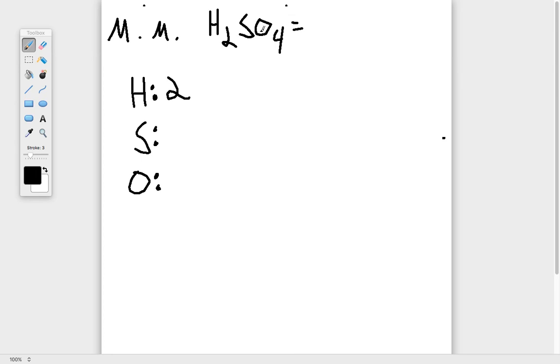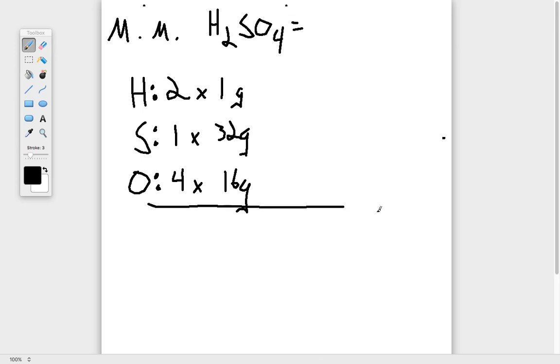I've got 2 hydrogens, 1 sulfur, and 4 oxygens. It's 2 times 1 gram, roughly, for hydrogen. It's 1 times 32 grams, roughly, for sulfur. And it's 4 times 16 grams for oxygen. If you add these up, you get 98 grams per mole. That's the molar mass of sulfuric acid.